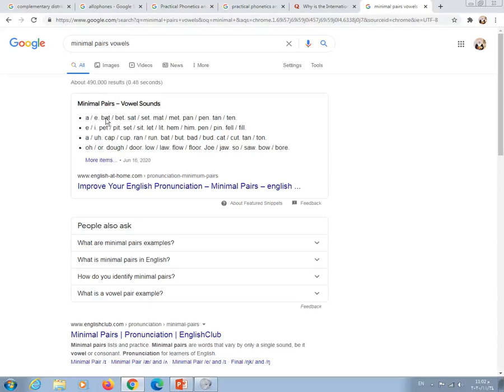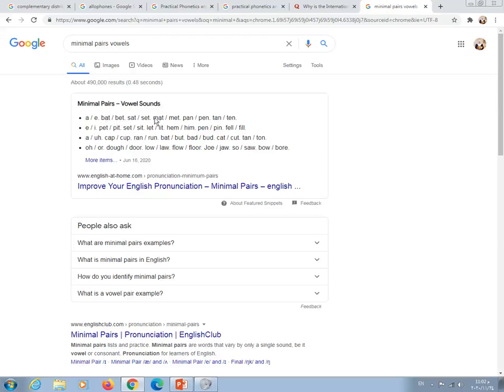When we change b by s, replace it by s, we get another word. So this proves that s and b are two different phonemes. Okay, when we change one vowel and replace it by another, we get another word, and this means that they are two different phonemes, vowel phonemes.